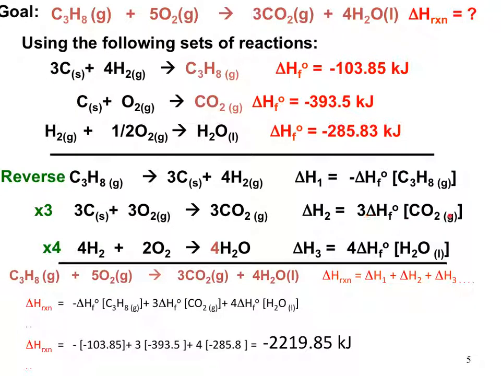For my second and third equations, notice I'm multiplying my delta H of formations by the same coefficient that was used to multiply the entire equation, so 3 and 4 respectively. After I do that math, I plug those numbers into the equation like this. Basically I'm going to sum all of my delta H of formation values for my manipulated equations to give me my overall delta H of reaction. I plug all those numbers in, and I get this final answer. So this is the simple approach with Hess's Law.